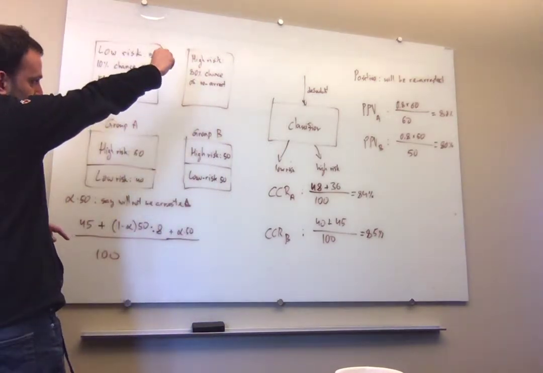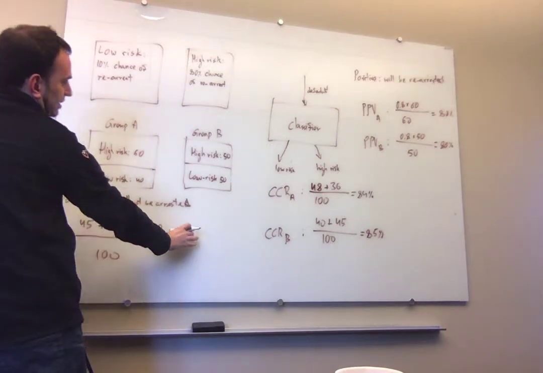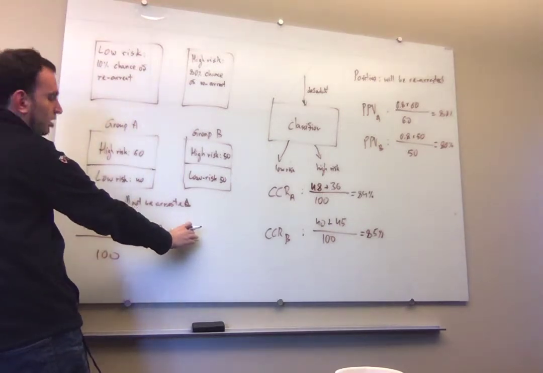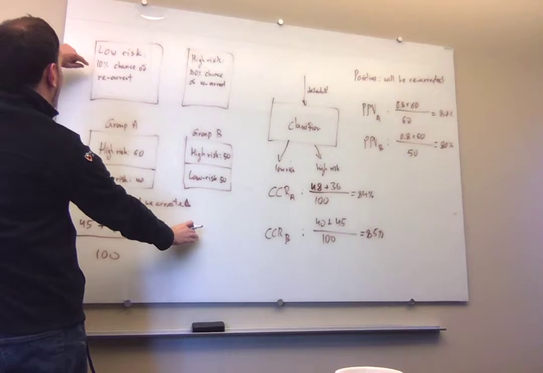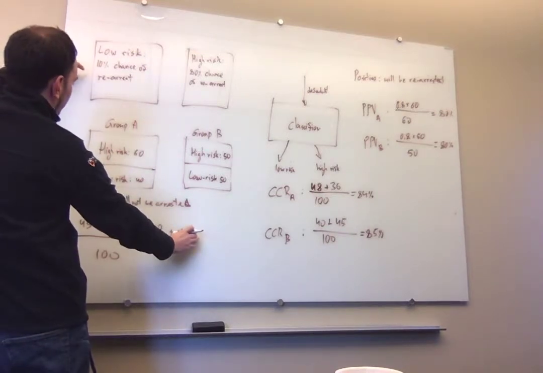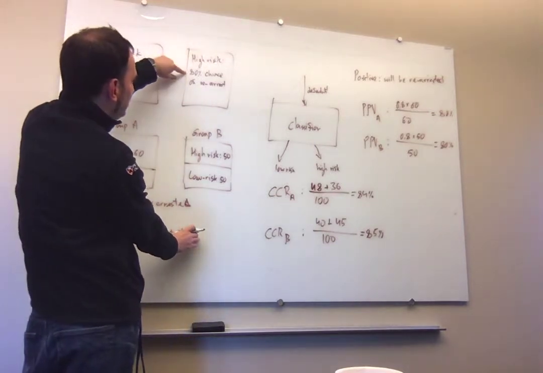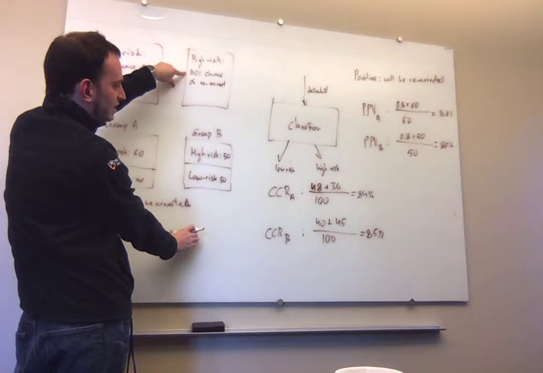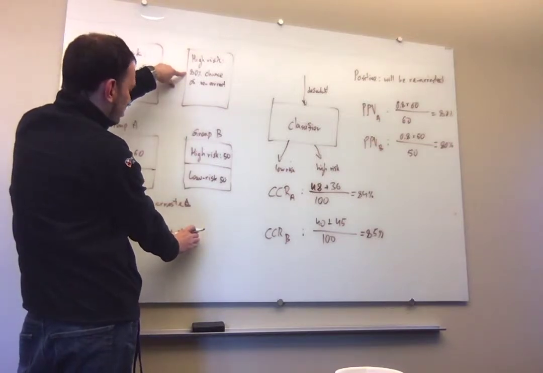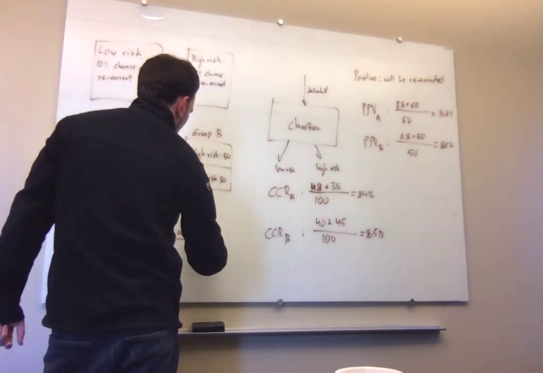They have an 80% chance of rearrest, but I'm going to say that they're not going to be arrested. So I just have a 20% chance of being right. So that's going to be 0.2.